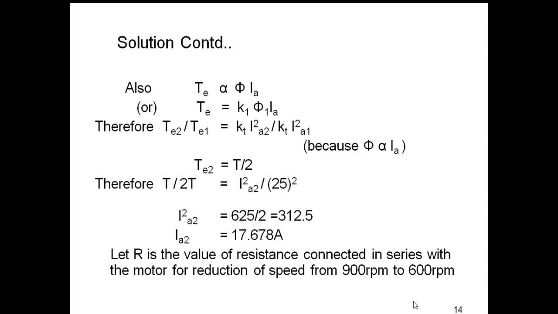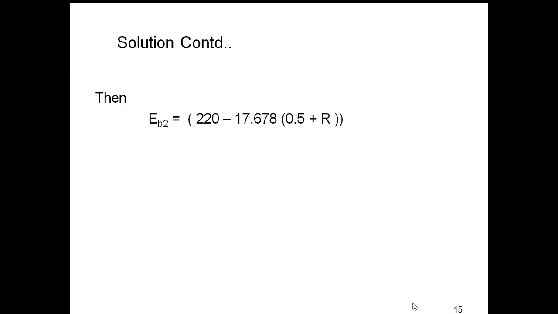Let R be the value of resistance connected in series with the motor for reduction of speed from 900 rotations per minute to 600 rotations per minute.